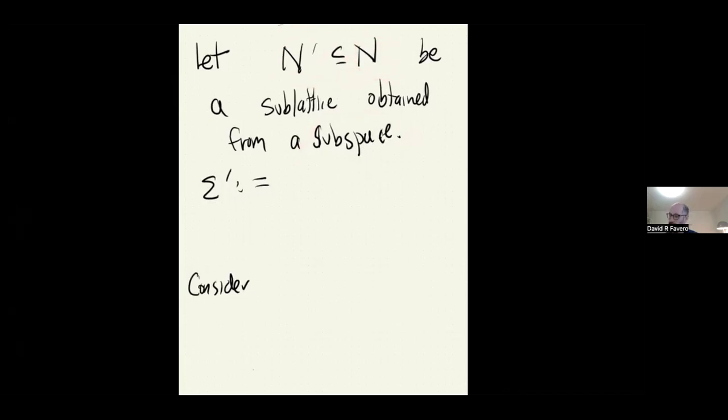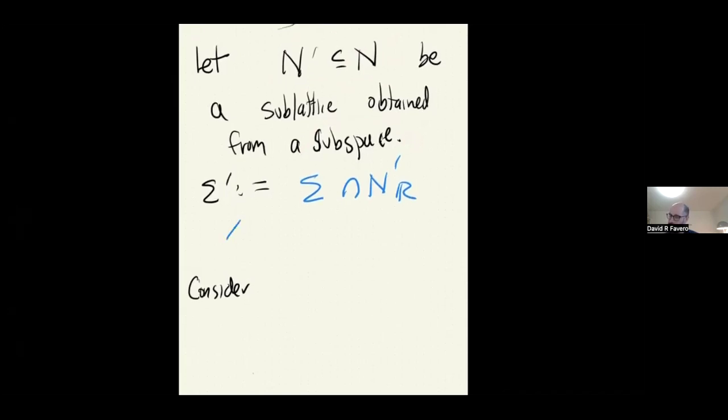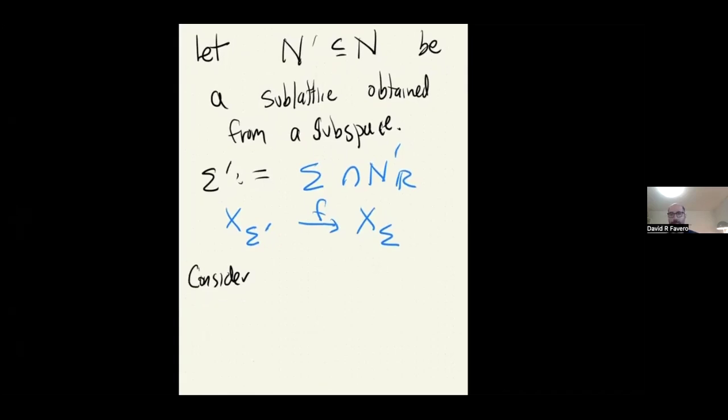Well, then I get a new fan, which is just intersecting the fan for the toric variety with this sublattice, and I get a map of toric varieties. This is almost a closed embedding, except that you've taken a normalization, because toric varieties are normal. So you get a subtorus of your open dense torus, you take its closure, and then you take its normalization. That's what this toric variety is.